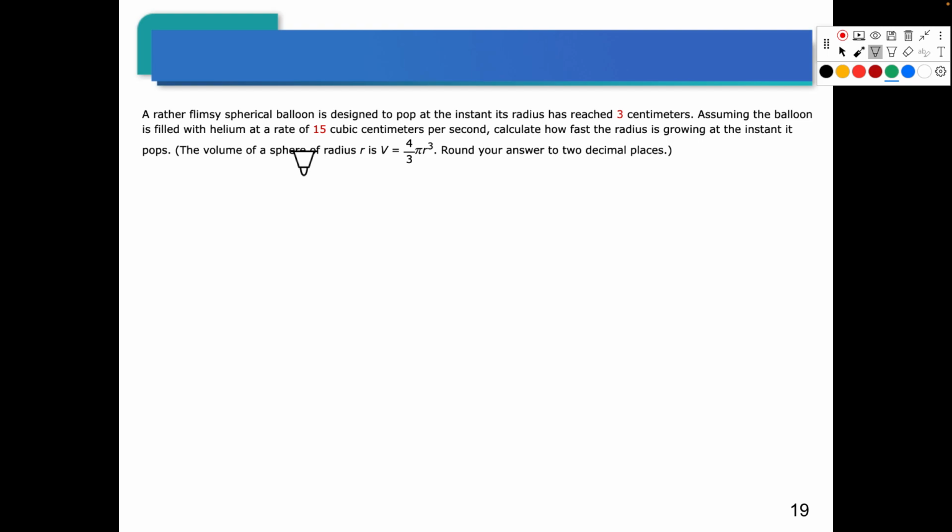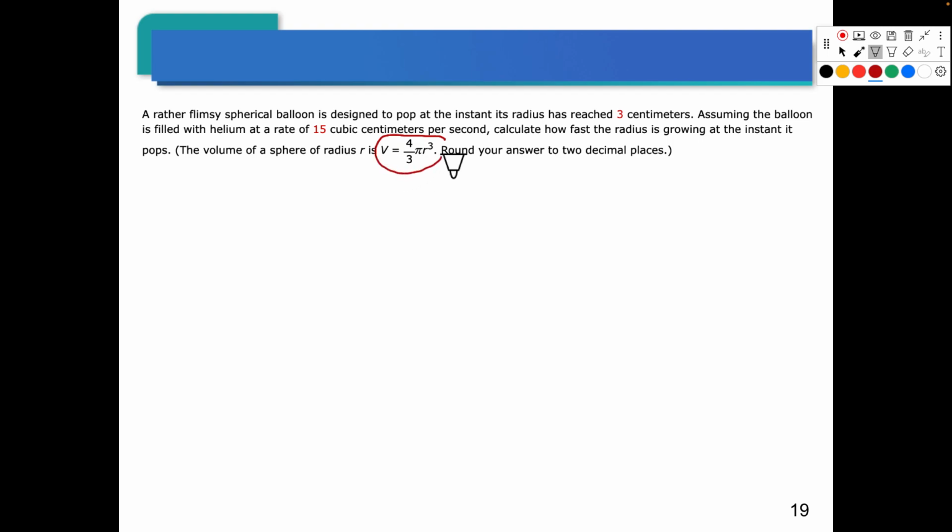I think I've got just 2 more, and these will be directly examples from the homework, so I'll read them out when I copy and paste them. It's not real large. One of the nice things about these ones is they do give us the volume of a sphere, so they're not expecting you to memorize that or have to look it up.